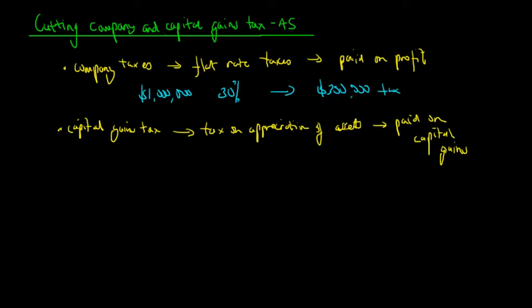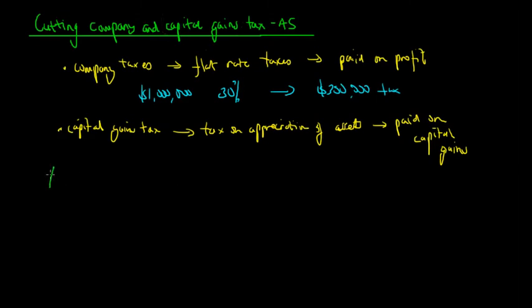So if you bought land for $1 million and then sell the land for $2 million, then you've experienced a capital gain of $1 million. So you have to pay a rate of tax according to that $1 million increase. So that's capital gains and company tax.